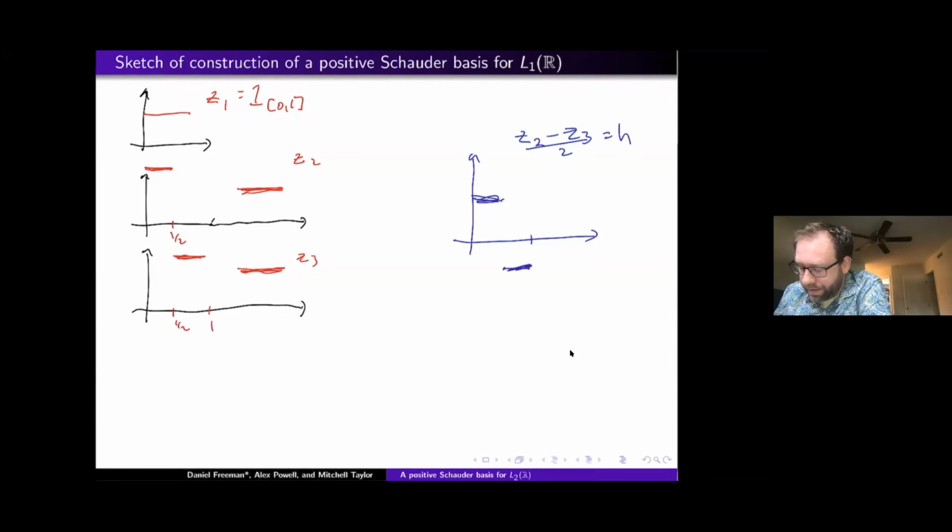But we want this to be basic, and so we need to make sure that we stay away from Z1.